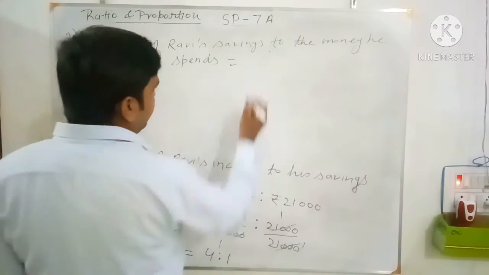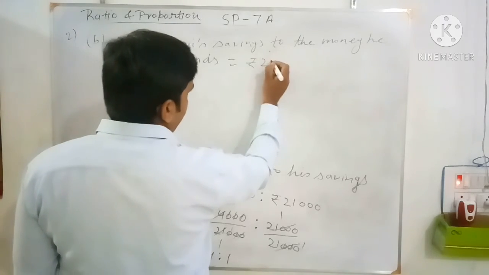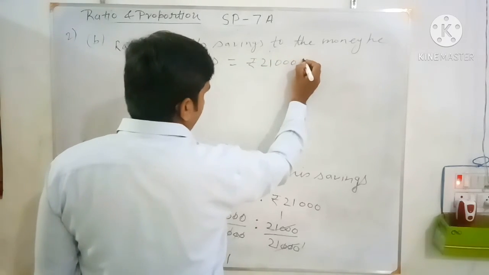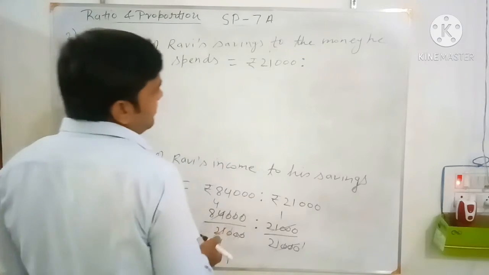So savings is 21,000 is to his spendings, 63,000.